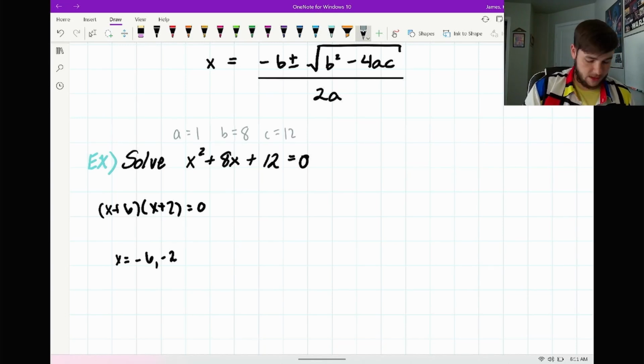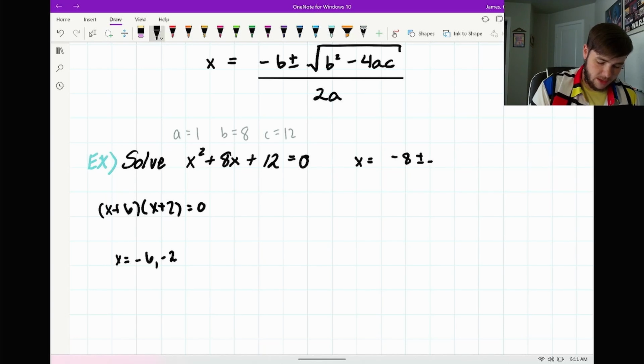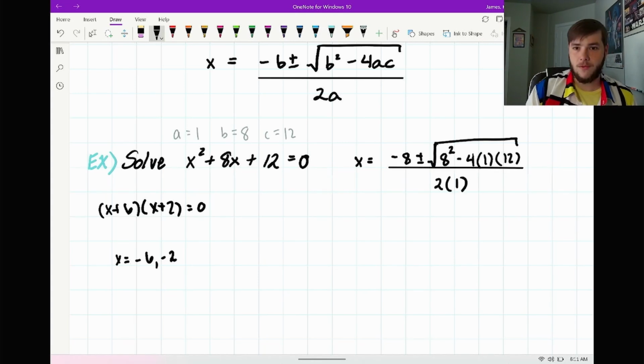So filling out this formula, I write x equals negative b, which is 8, plus or minus the square root of b, that's 8, squared, minus 4 times a, which is 1, times c, which is 12, all over 2 times a, which is 1.